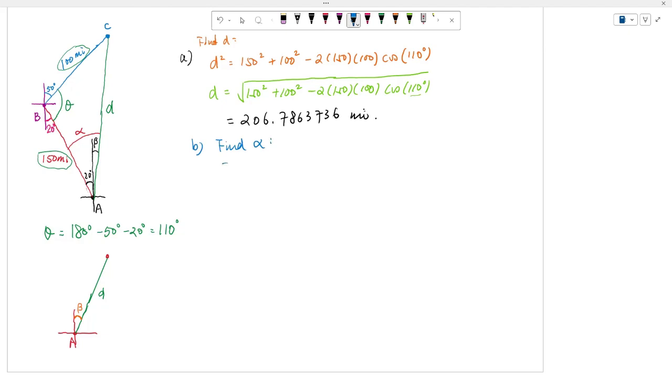So I have sine of alpha divided by 100 equal to sine of 110 divided by 206.7863736.